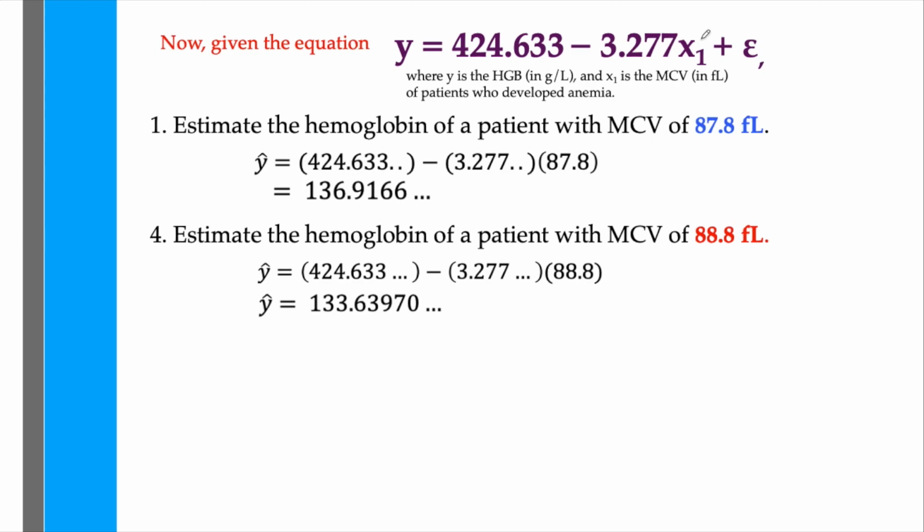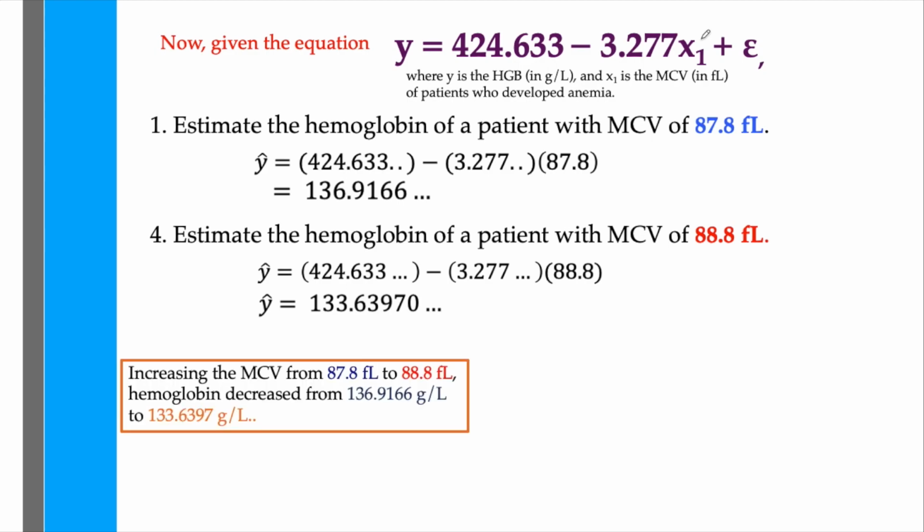Now, what do you notice here? It is shown in this example that an increase of 1 unit in the MCV, meaning from 87.8 to 88.8, the estimate of the hemoglobin decreases from 136.91 to 133.6397.